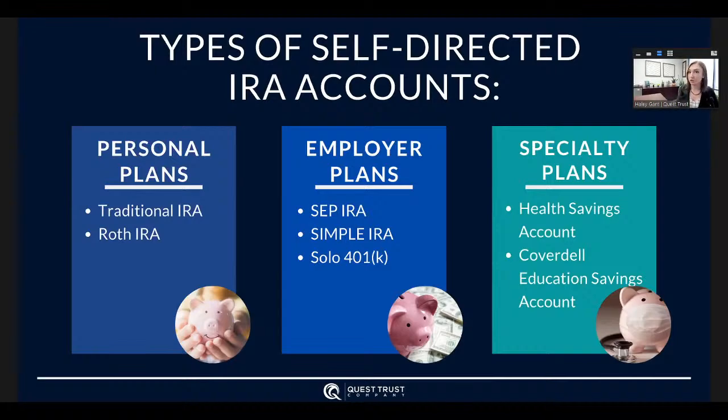Whenever you make contributions to a Roth IRA, it's after tax dollars. You don't get any sort of tax deduction whenever you put money into that account, but that allows everything else that grows from there to also be considered to have already been taxed. So if you grow a Roth IRA to $1 million by the time you hit retirement, all of that $1 million is actually yours. It's not going to be taxable once you go to take out those distributions.